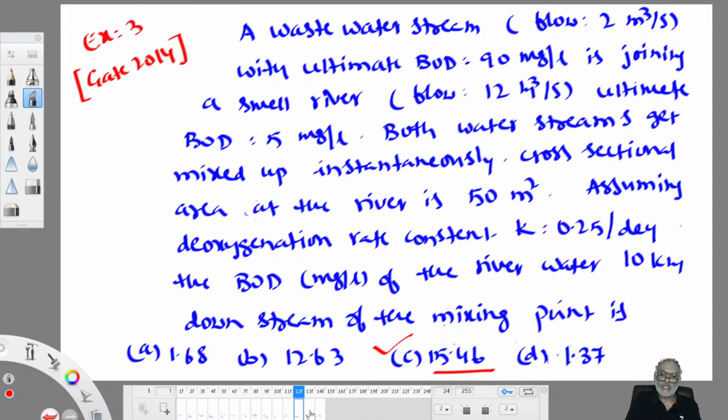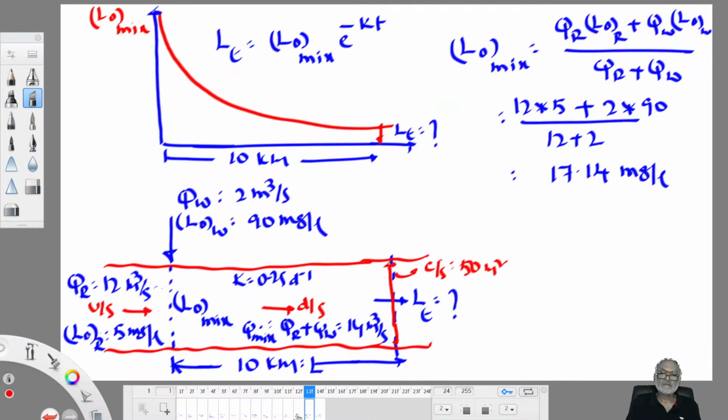Watch out this solution once again. This is a river system.